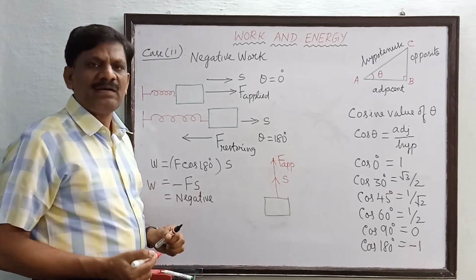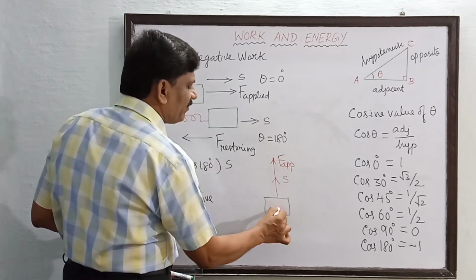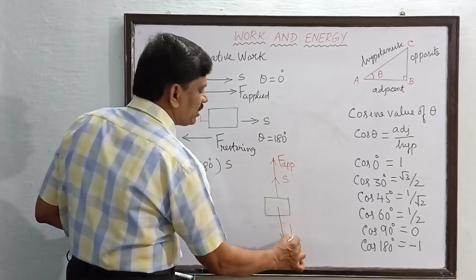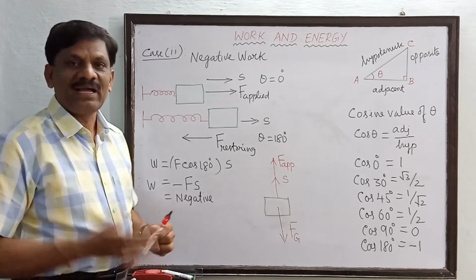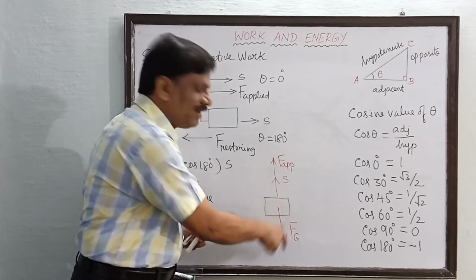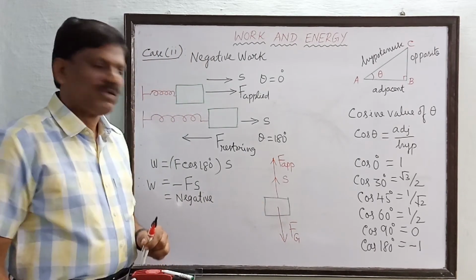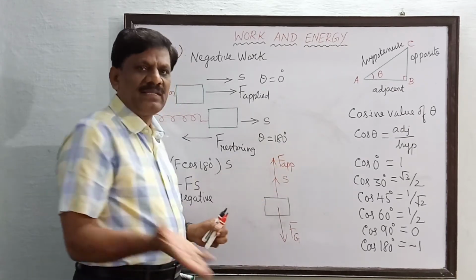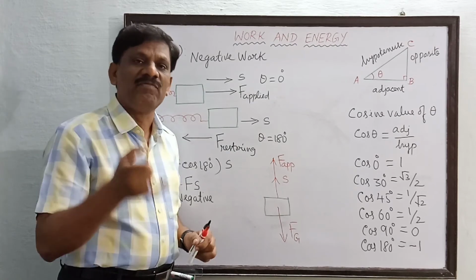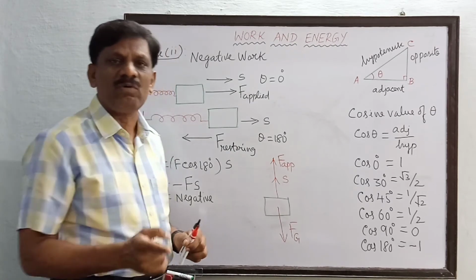But in the same example, you will see that the weight of the body is acting in the downward direction. That is called F gravitation. The gravitational force acting on the body is always in the downward direction. So in this example, the applied force and the displacement are in the same direction. So what must be the work done by the applied force?